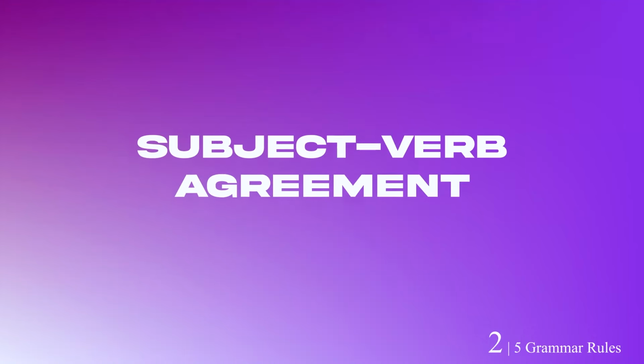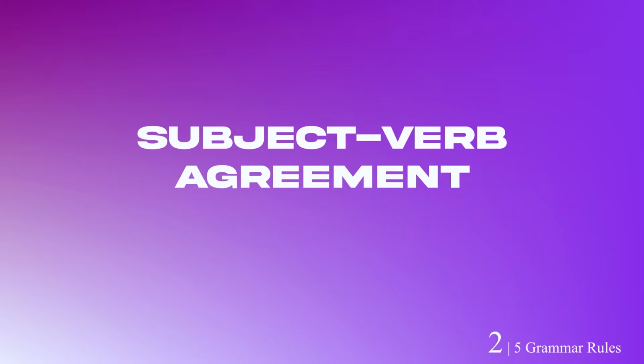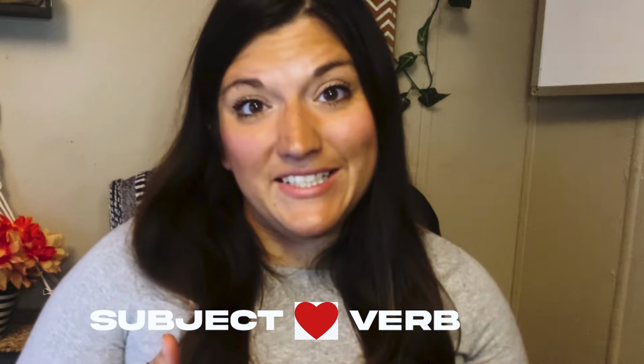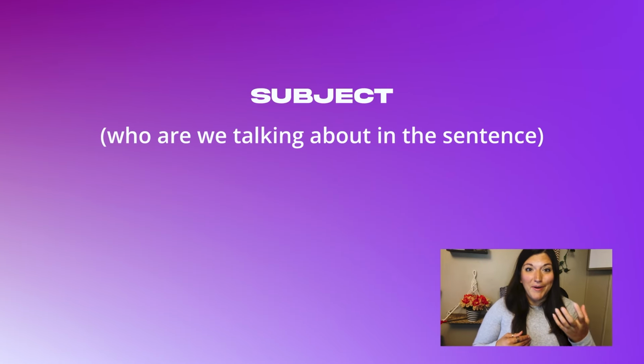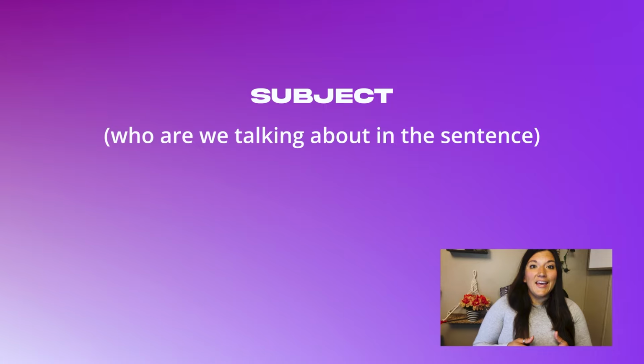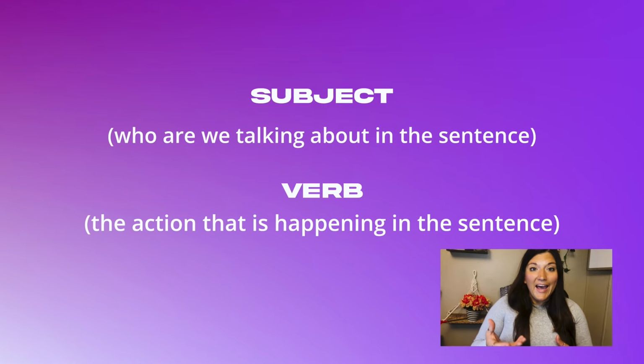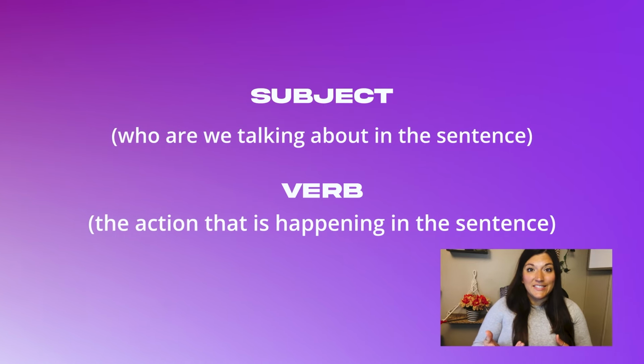Number 2, subject-verb agreement. Just like friends need to get along, so do the subject and verb of a sentence. The subject, or who we're talking about in the sentence, and the verb, or the action that is happening in the sentence, need to agree.